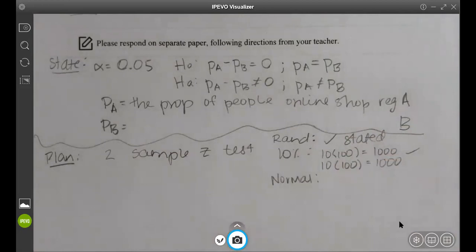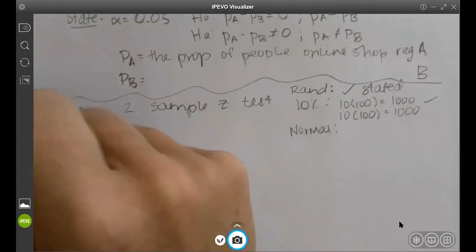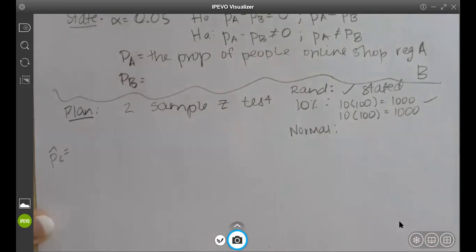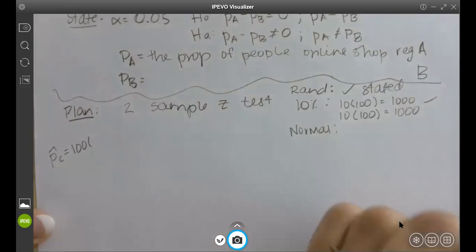All right. So for your normal, you actually have to use the combined. Do you guys remember doing that combined, P hat combined? Yes. All right. So we had P hat combined. You're going to do your sample size times your proportion.